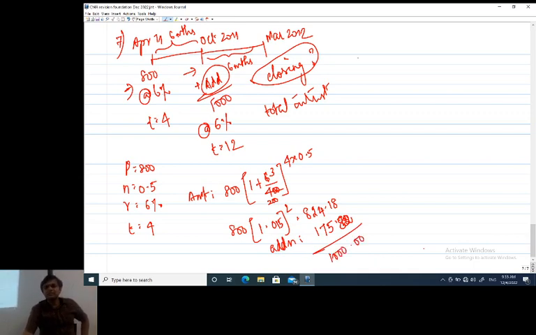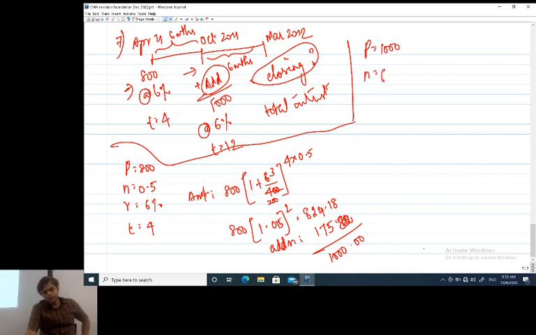Now this he is investing in the second tranche. So second tranche P will be 1000, N will be 6 months, R will be 6%, T will be 12. So when I substitute, 1000 into 1 plus 6 by 1200, N will be 0.5, the whole power 0.5 into 12.